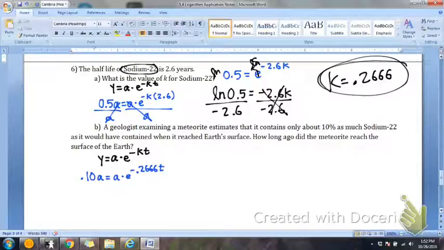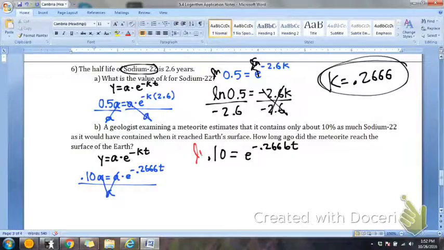Quentin, what do I do here? Okay, divide off the a's. Patrick, what do I do at this point right here? ln both sides.